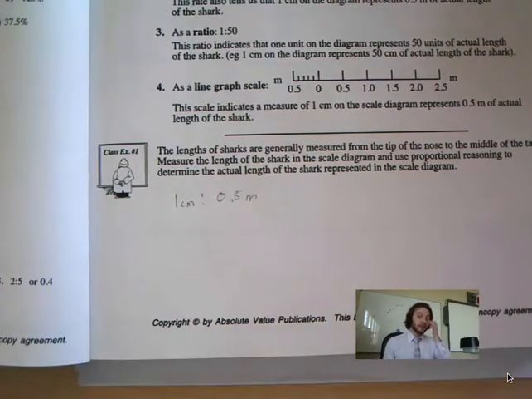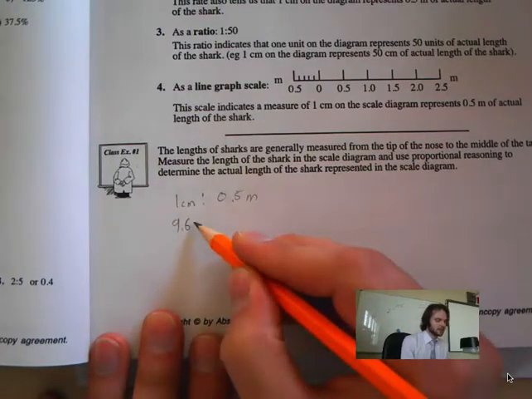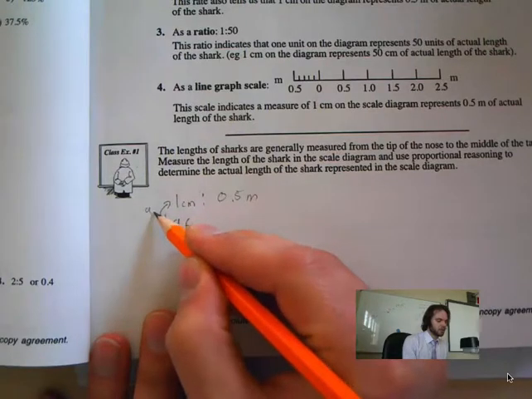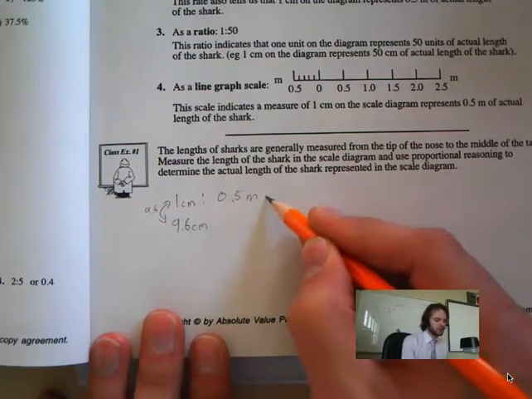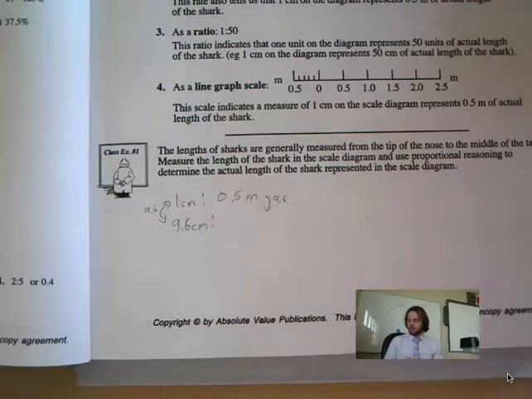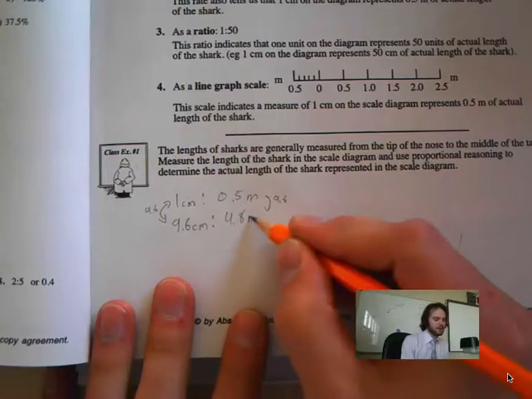Now, I actually have 9.6 centimeters. So I am multiplying this by 9.6, so I have to multiply this here by 9.6. And when I do that, I get 4.8 meters.